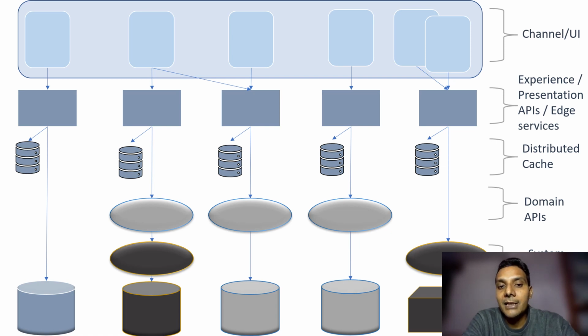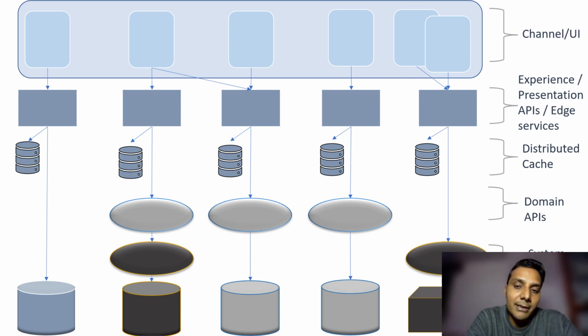It might be that your customer logs into, for example, a mobile banking app, and we have already loaded the customer account summary when the customer was on the home page. Then we can store this information in the cache, and it can be reused by other experience APIs while the customer is browsing other screens in the mobile application.